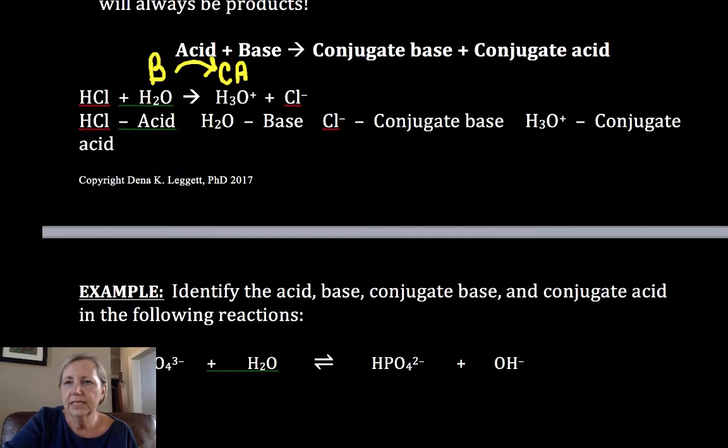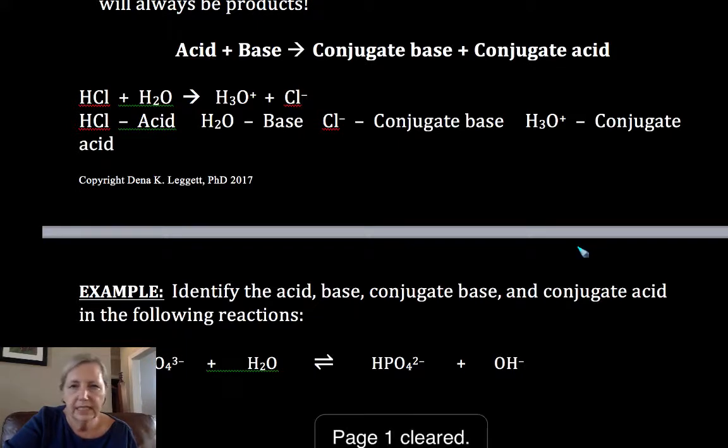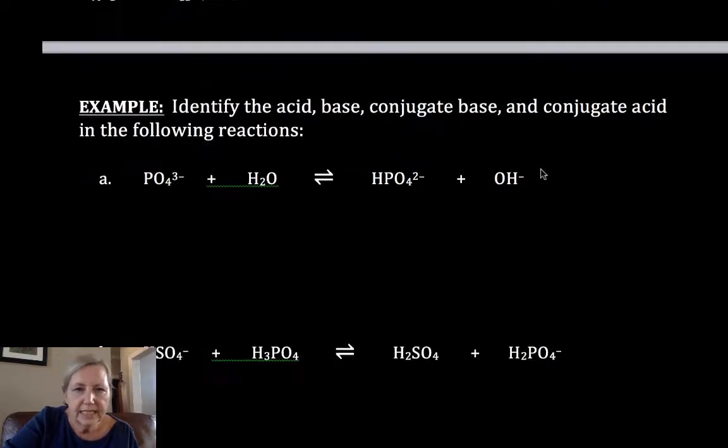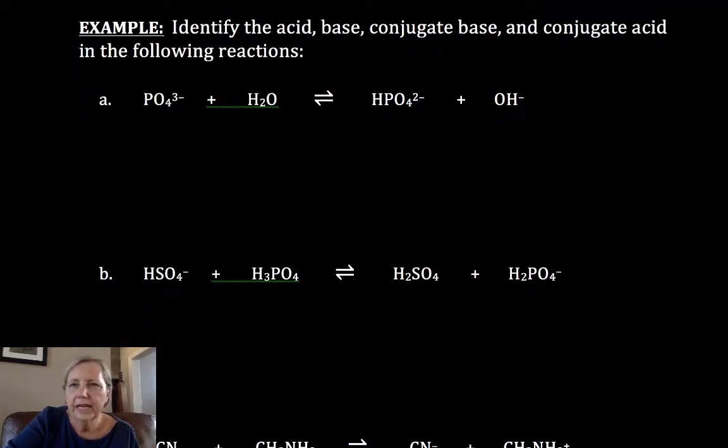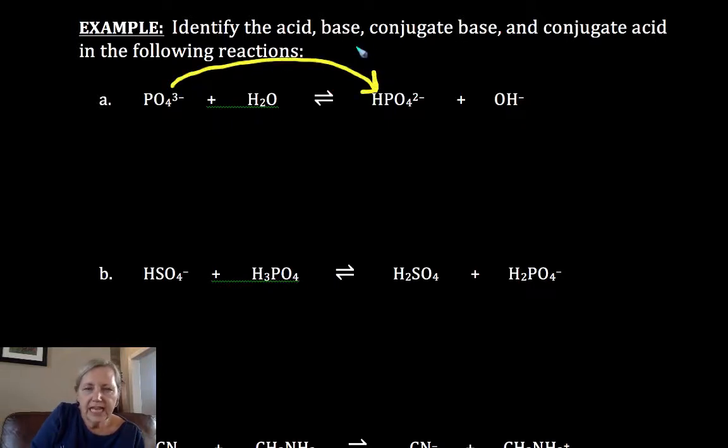Okay, so let's take a look at this next example. Identify the acid, base, conjugate base, and conjugate acid. Okay, so in this case, you notice phosphate in going from reactant to product gained an H+.